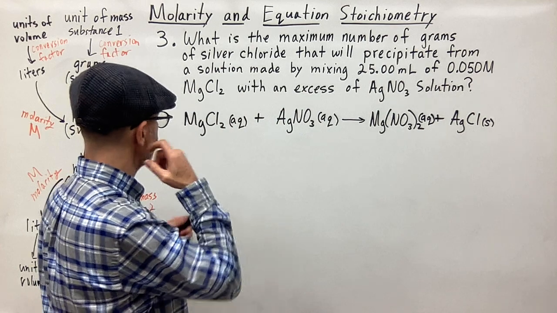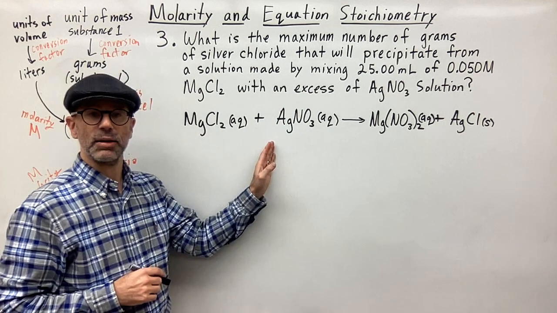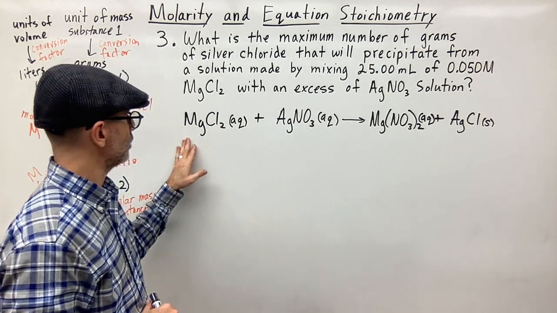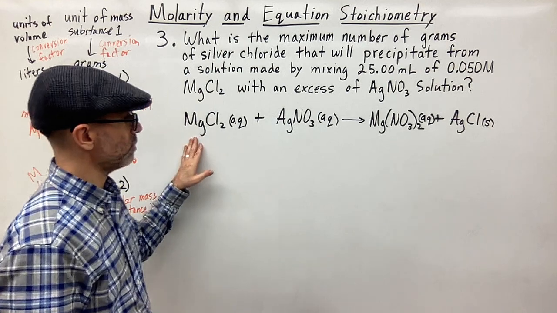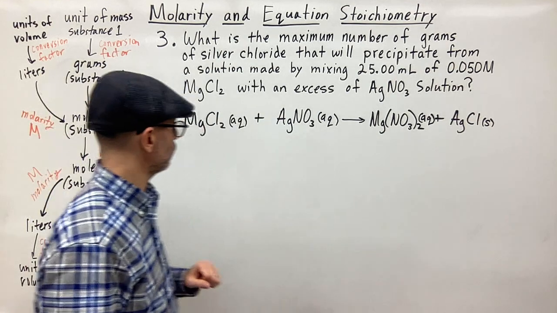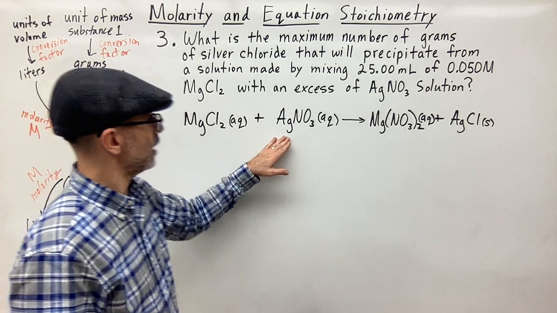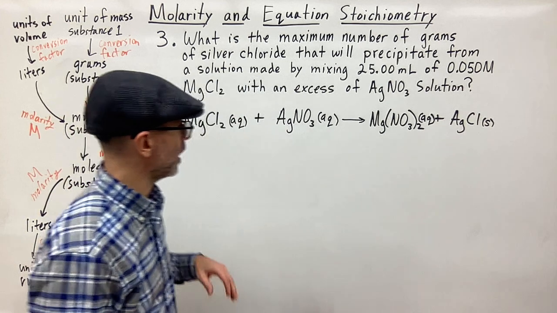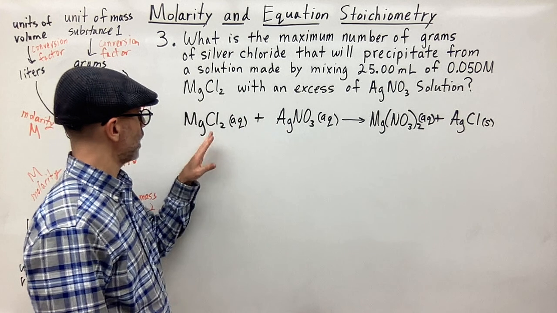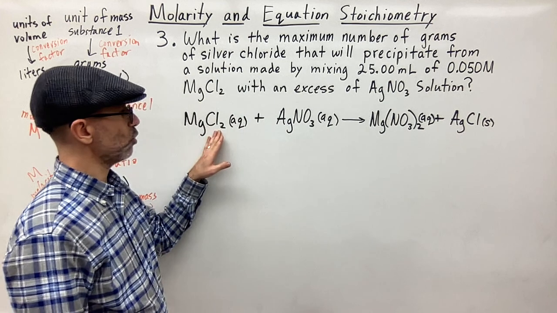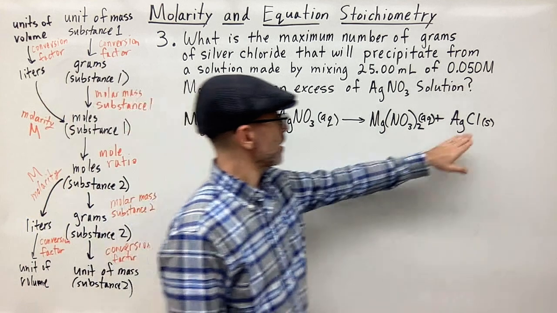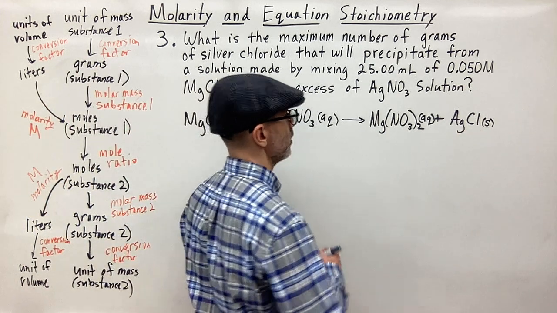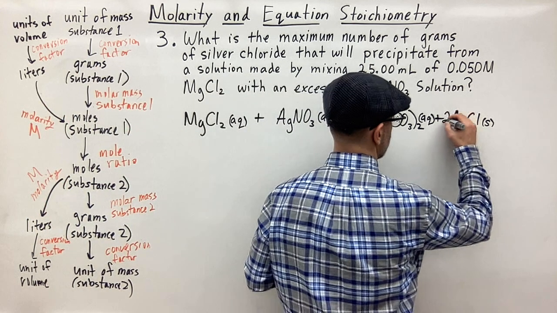So now we have our equation. Now we need to balance it. So let's balance the metals first. I have one magnesium. I have one silver. So the metals are balanced. Let's go to the nonmetals. So I have two chloride ions here. I have only one there, so I need to put a 2 here.